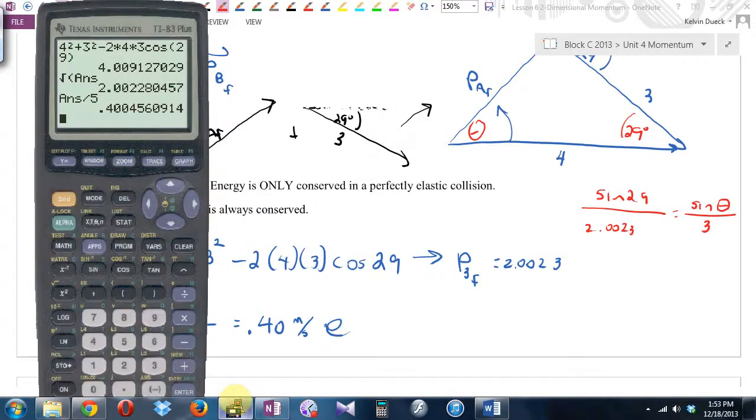So it's going to be 3 sine 29 divided by 2.0023. Shift sine? Nope, wrong button. Please? 46.6 degrees. Anybody else?